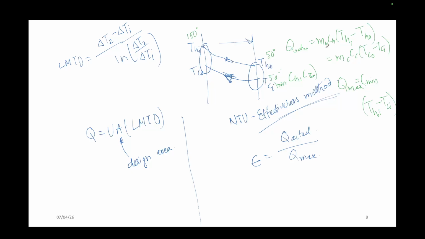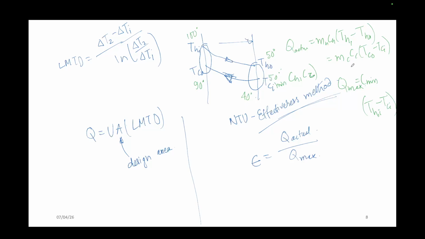If it is 100 degree and 50 degree, you can easily find the difference would be 50. Say in a given case it is 40 degree and 90 degree, the difference should be 50 degree. If mH and mC are the same, then CH and CC should be the same.